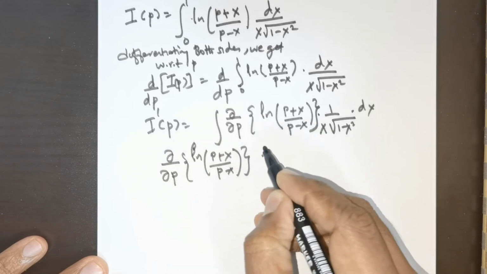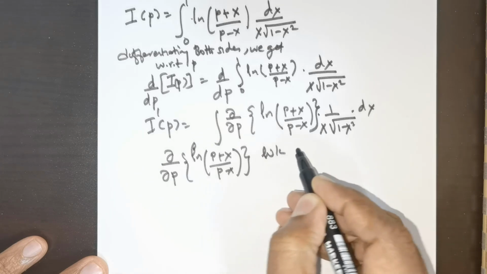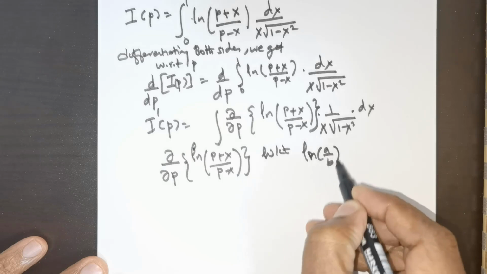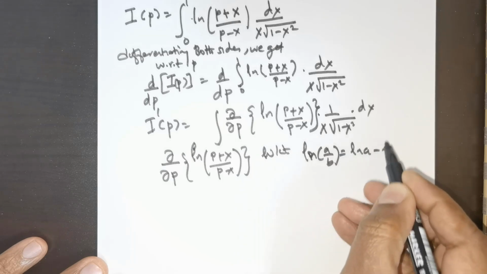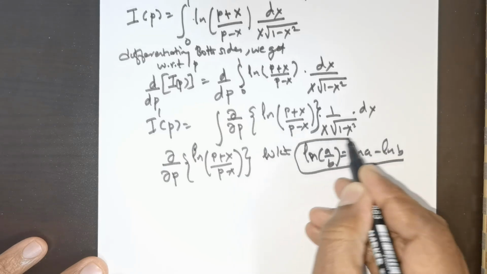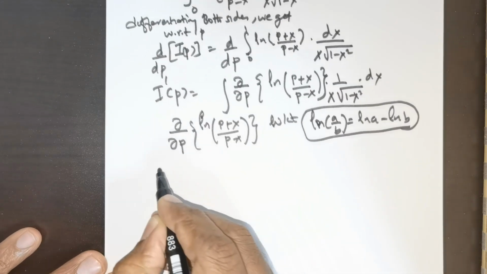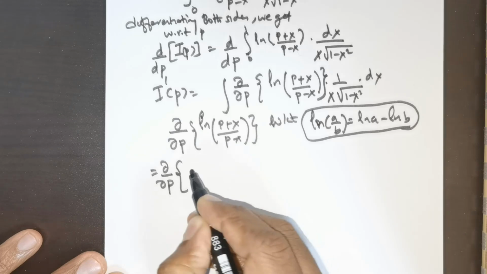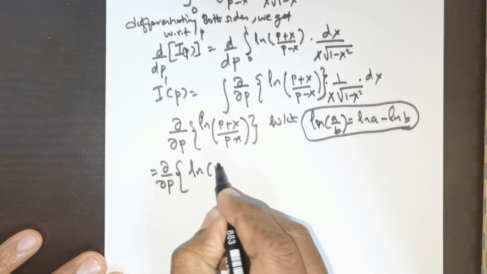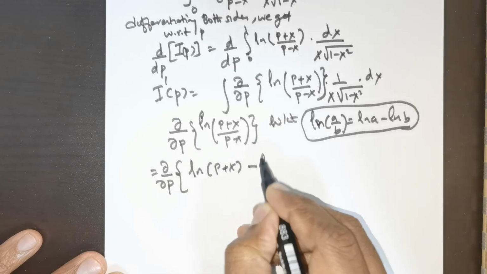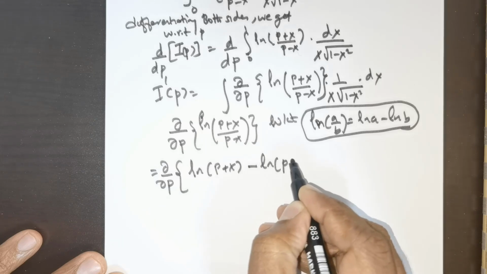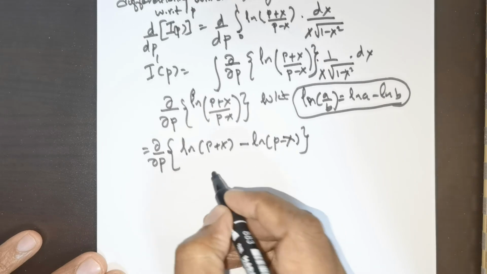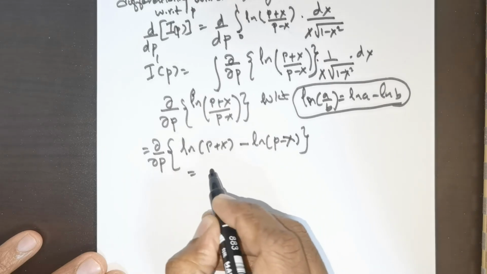Now we have a logarithmic formula which is log of a over b equals ln a minus ln b. By this formula I can rewrite this as the partial derivative with respect to p of ln of (p + x) minus ln of (p - x).